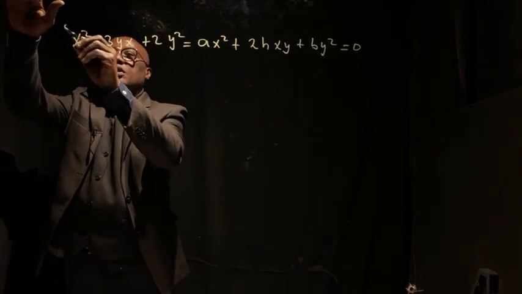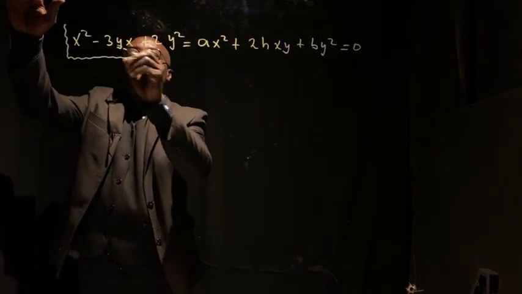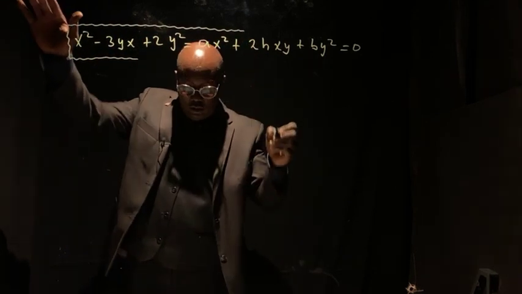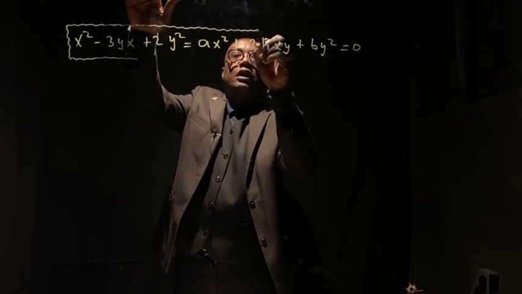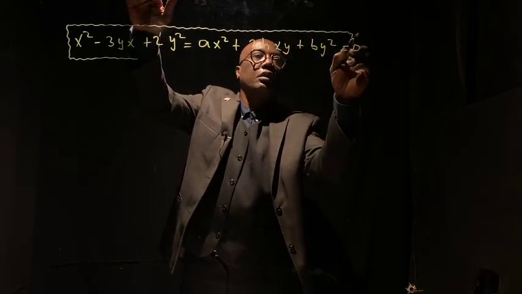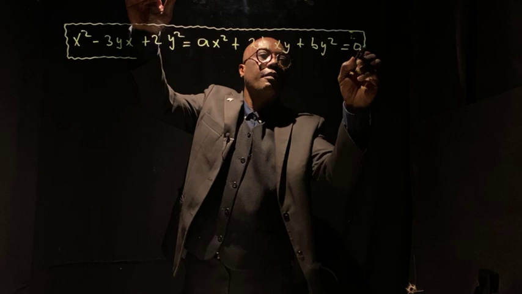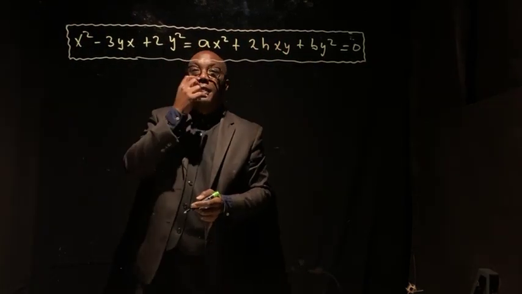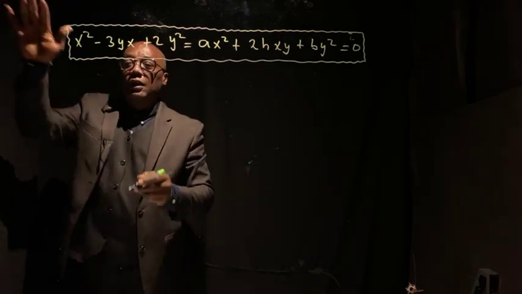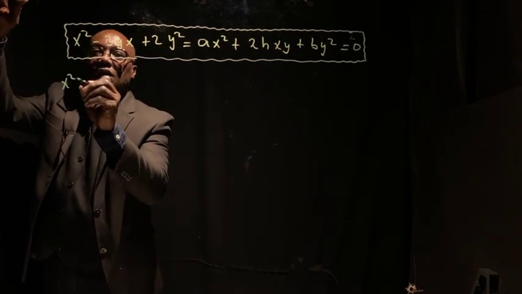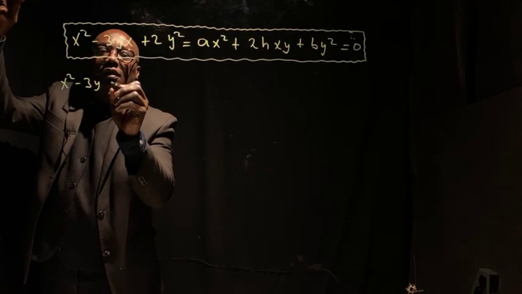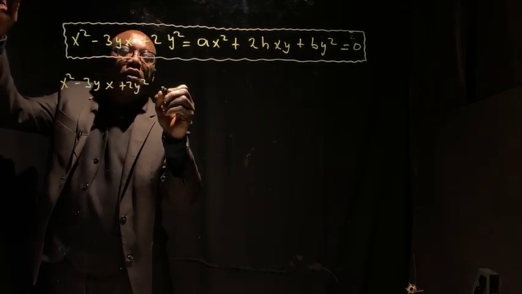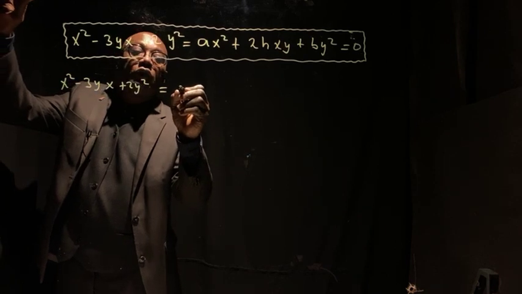That's the equation, a second order homogeneous equation, or a homogeneous equation of second order. Now, picking up the left-hand side, which is x squared minus 3yx plus 2y squared equals 0.